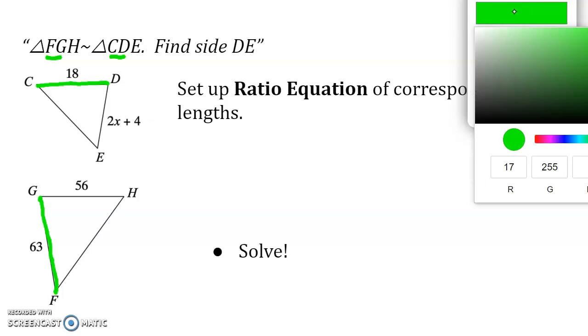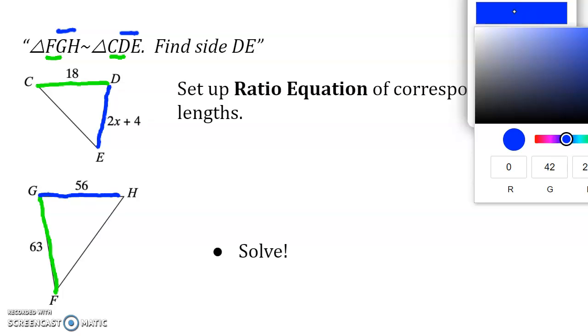And then finally DE is the side in question. DE is the last two letters. What are the last two letters of this triangle? GH. Find your GH. So it's this one. Okay, so then we have to set up the proportions.